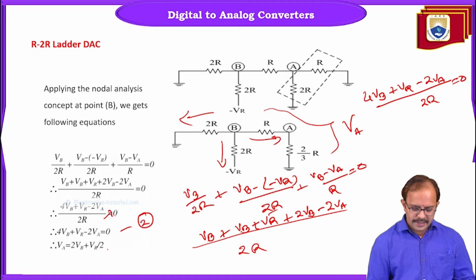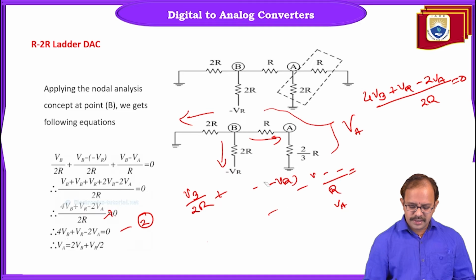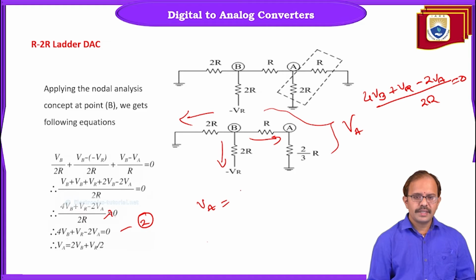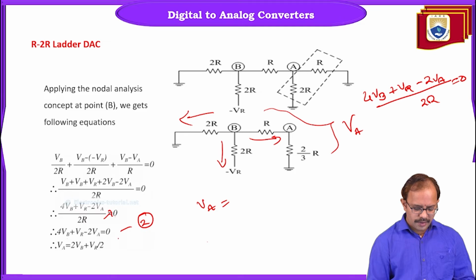So what is VA now? From this expression, we can define VA. 2 VA is equals to 4 VB plus VR.